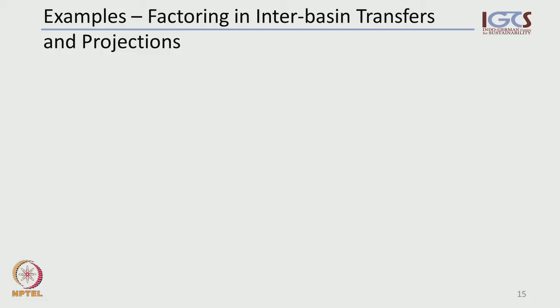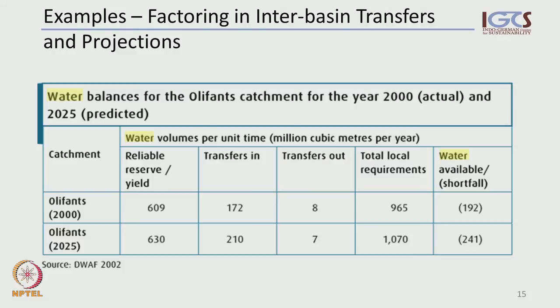Another example that I want to show here is the importance, very often and ever becoming more important, to factor in interbasin transfers and to conduct projections of water availability. Now, this is an example from South Africa, the Oliphant River catchment, and we have data sets from the year 2000 and a prediction for 2025.